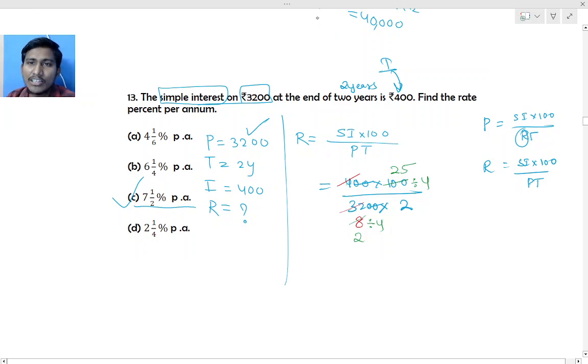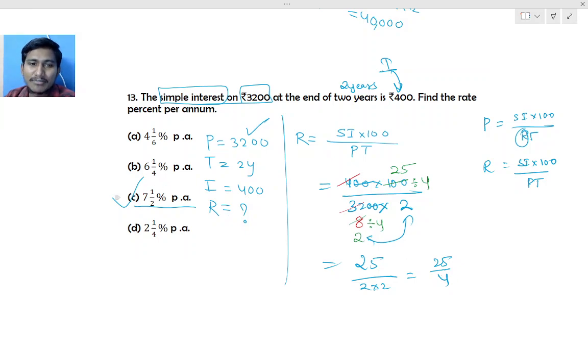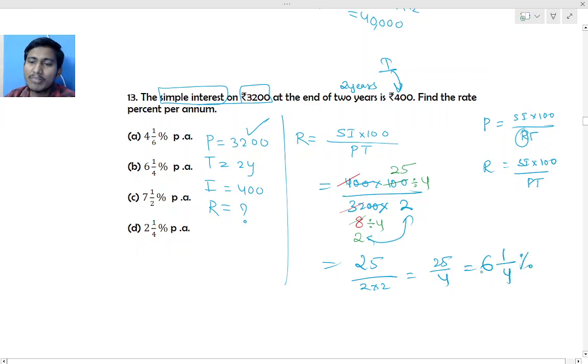So what is remaining now? On the top 25 divided by 2 and 2, so 2 into 2, it will become 25 by 4. 25 by 4 means what will be the answer? 6 fours are 24, 1 will be remaining, 1 by 4. So 6 and 1 by 4 is the answer. 6 and 1 by 4%.